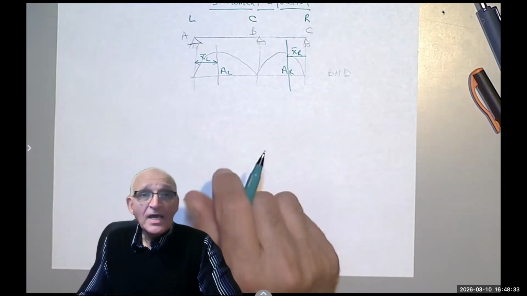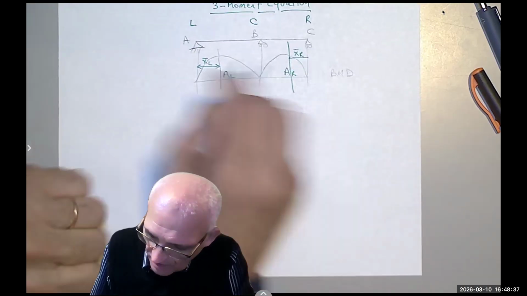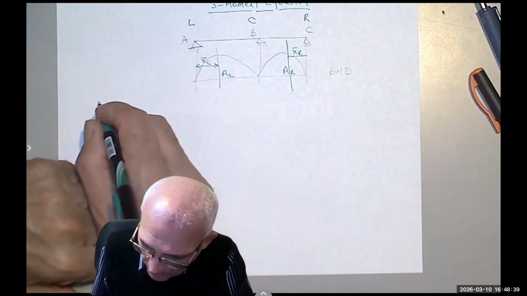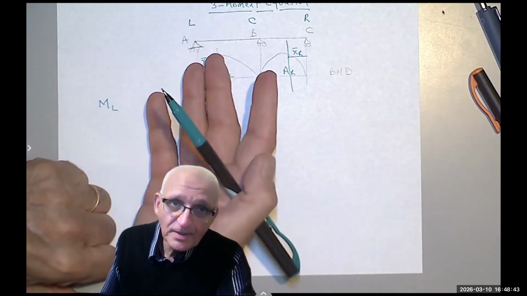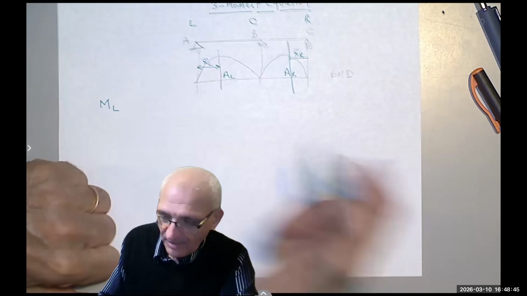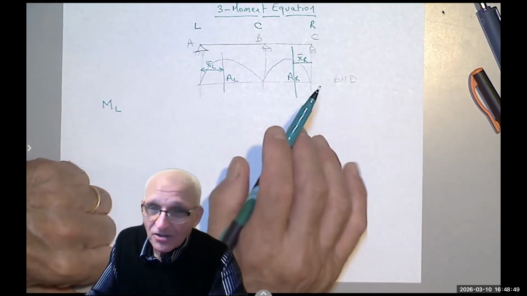And we are going to say, actually, the equation we are going to write: the moment of the left, which is the moment at A, which in this case is 0, but not in all problems. You might have a fixed support or an overhanging part, so the moment at A may not be 0.